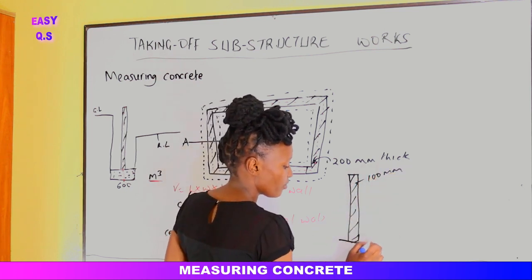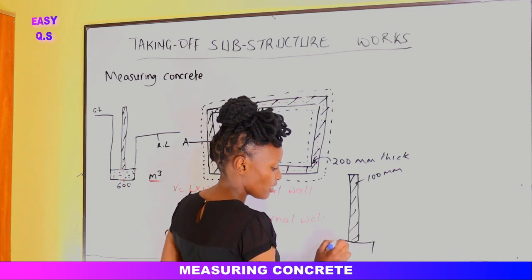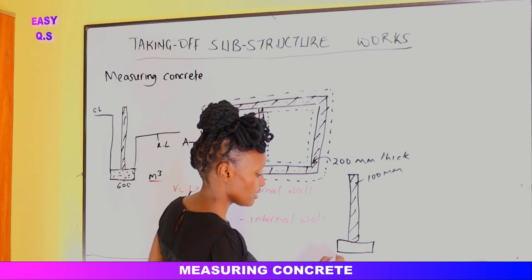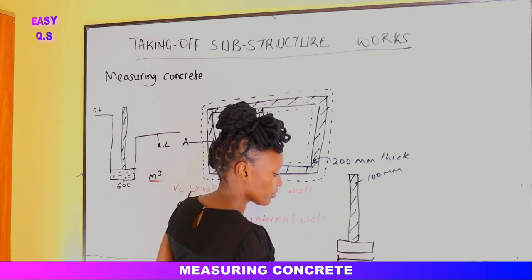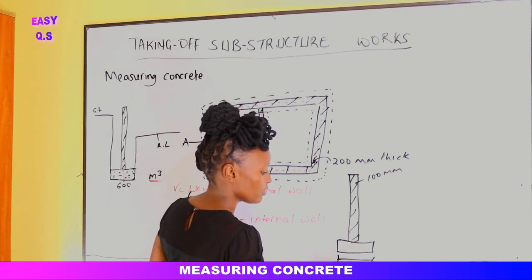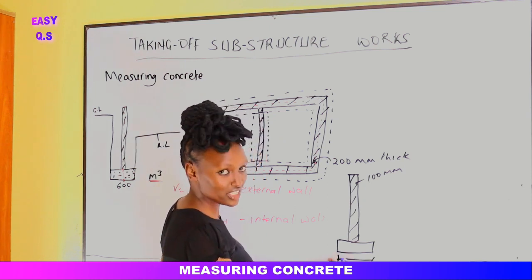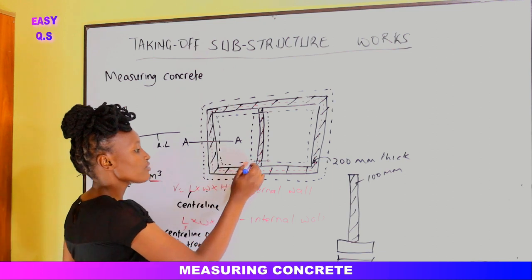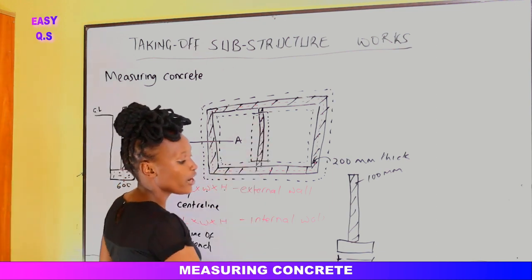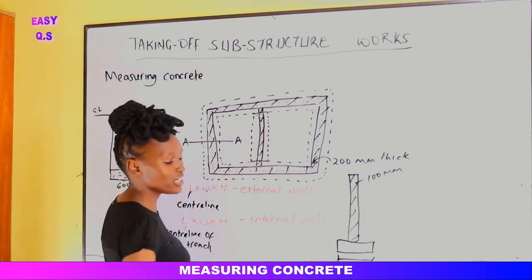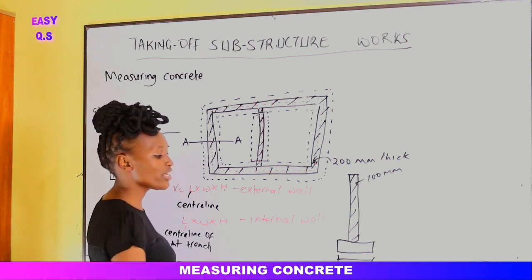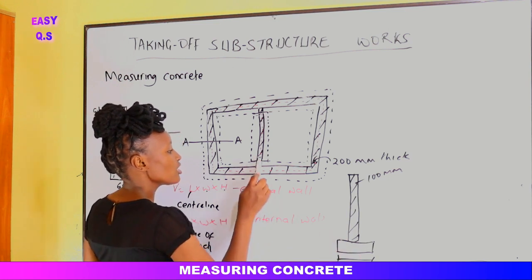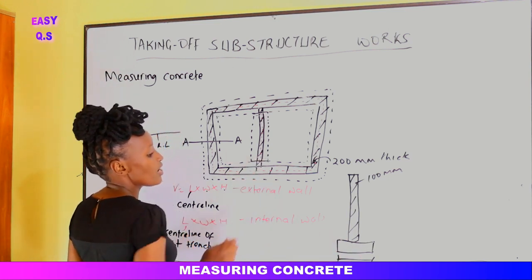Then we have the concrete, which is maybe this one, they did a concrete of 400. All right, the thickness of the trench is 400. So once we are finding the volume of concrete from here to here, you'll take 400, we deduct 100, it shall be 300. To find the spread, 300 divided by 2. So 150, 150. So the spread here shall be 150, here 150.